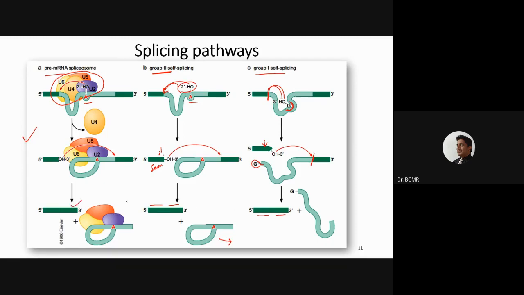In terms of exon splicing, it's almost the same. You need to have exons in a continuous readable frame for the ribosome. The products will differ. In nuclear spliceosome and group 2 self-splicing, you have a lariat formation, whereas in group 1 splicing machinery or self-splicing introns, you find a G cap-like structure, right? So this is the 3' OH, and you have a G on the 5' side.